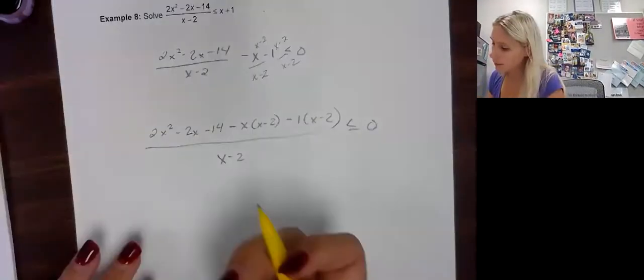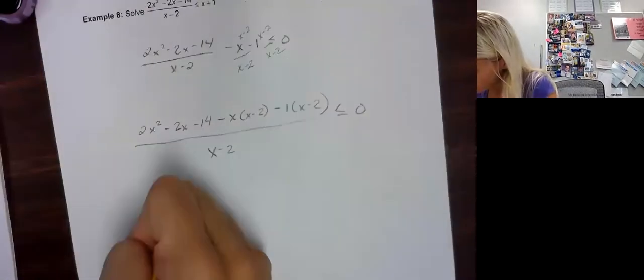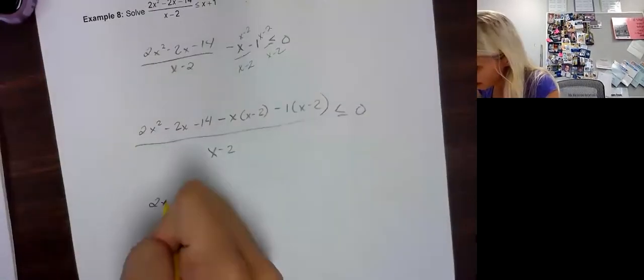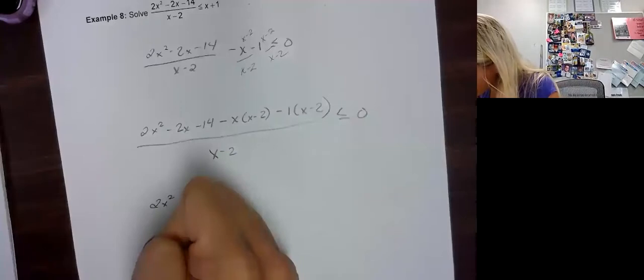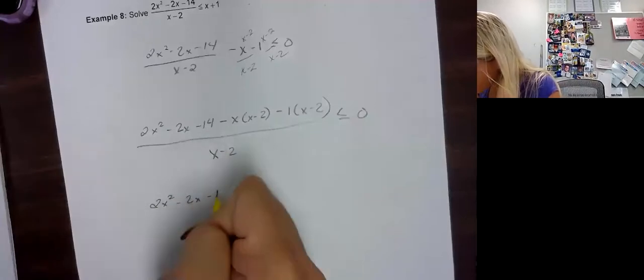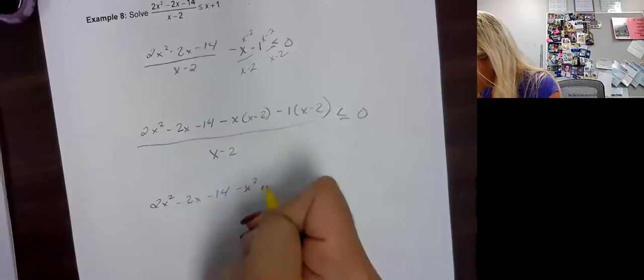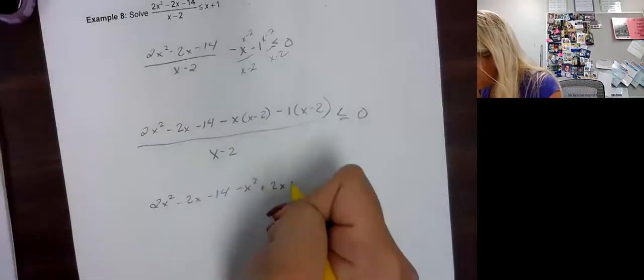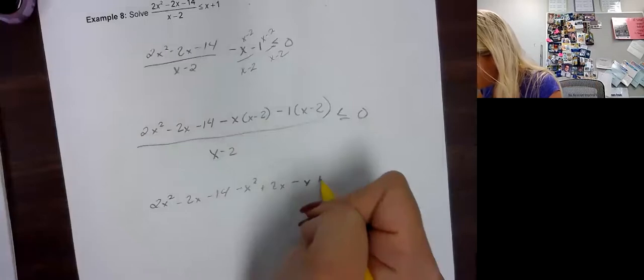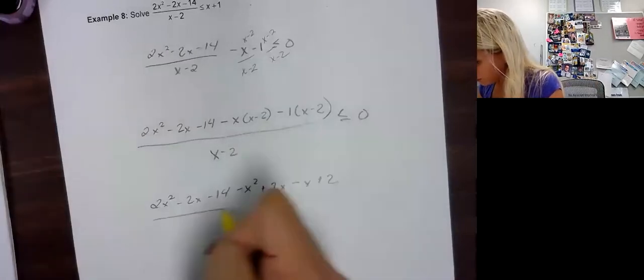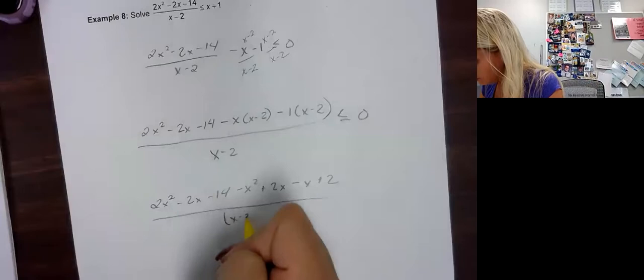Let's distribute and combine like terms. We have 2x squared minus 2x minus 14 minus x squared plus 2x minus x plus 2 all over x minus 2.